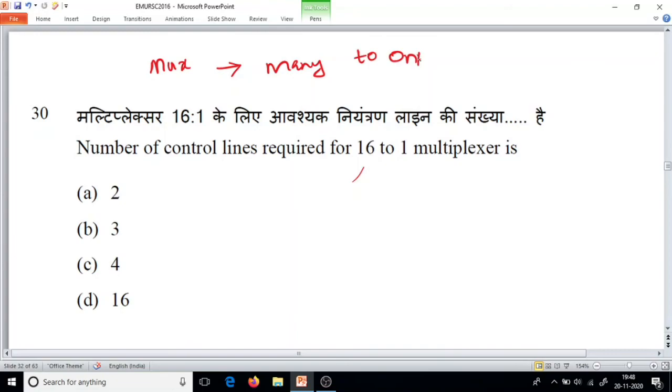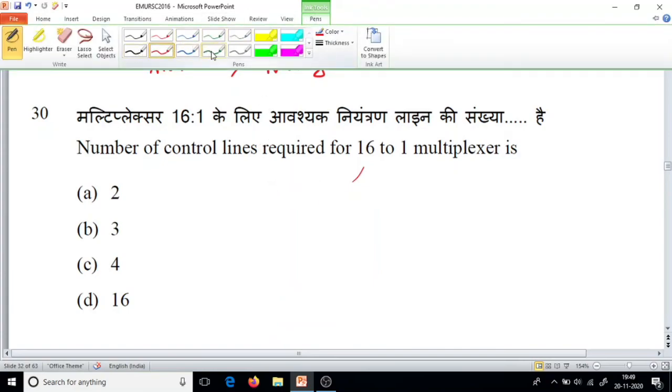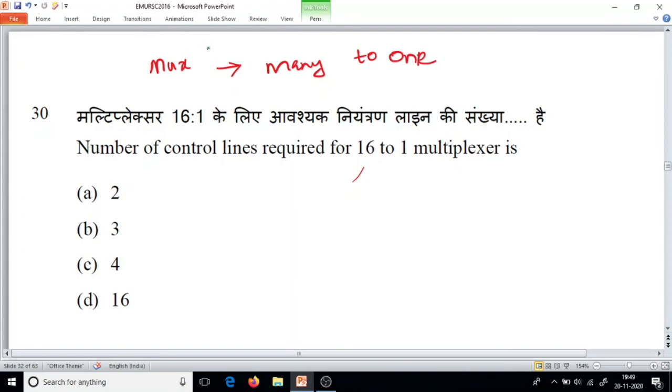It is a 16 is to 1 multiplexer. That means 16 inputs are there and one output is there.